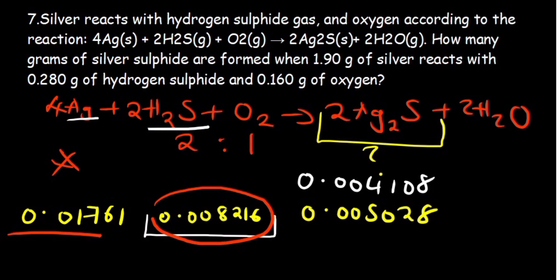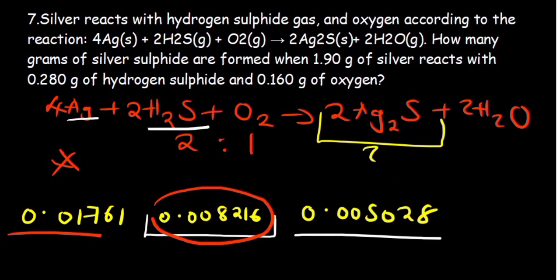What did we have in the question? We had 0.005, meaning that we had more of it. It was more than enough than required by the hydrogen sulfide. So the hydrogen sulfide seems to be not enough. It was limiting because it required less of the available moles of these other reactants, so it would finish faster compared to the other reactants.